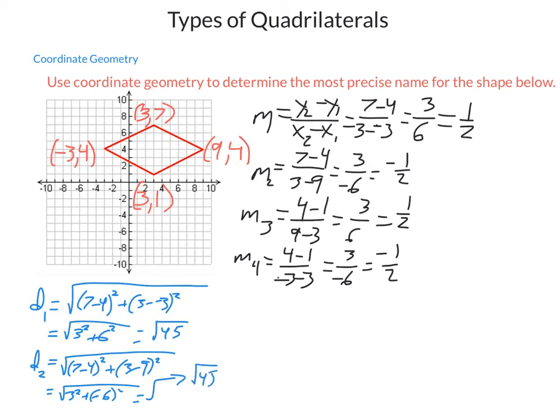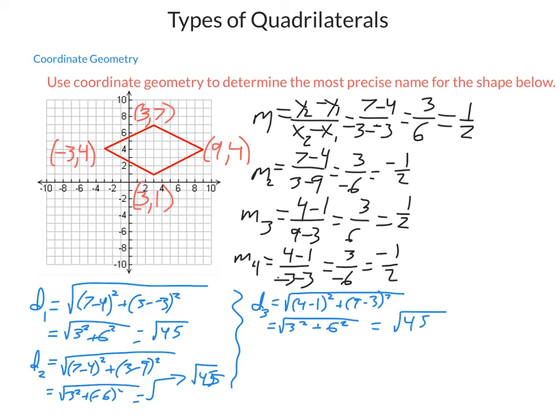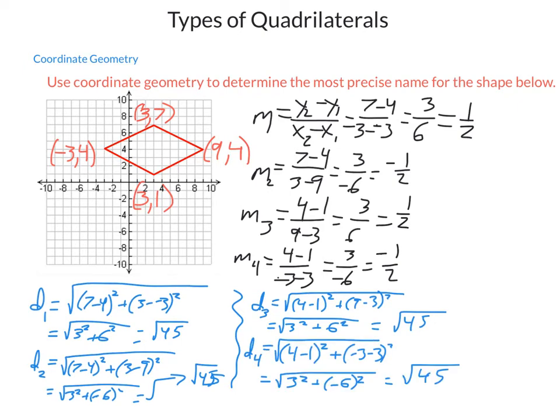So I have one set of adjacent congruent sides, therefore this is at least a kite. Now, a parallelogram and a kite, there's only certain ways that that can work, but let's finish our exercise. Finding my third distance, we also arrive at the square root of 45, so 3 out of my 4 are congruent. And then, of course, going on to my fourth, I find the same thing I did for my second, and that is the square root of 45 with 3 and negative 6 being my items to be squared.